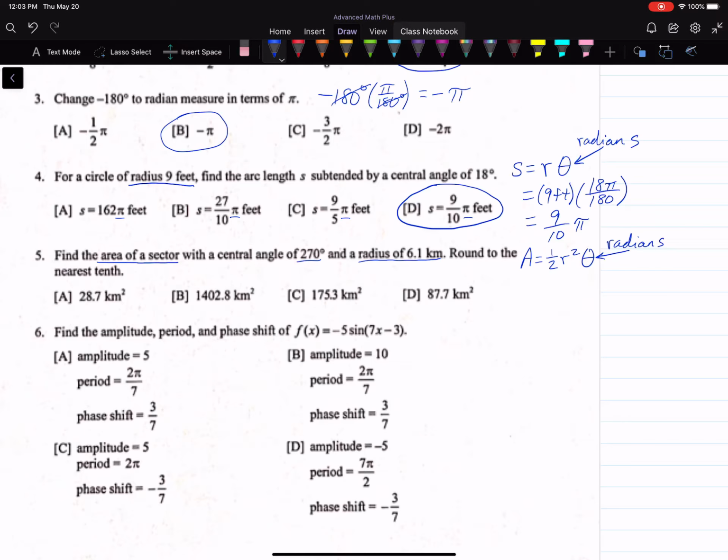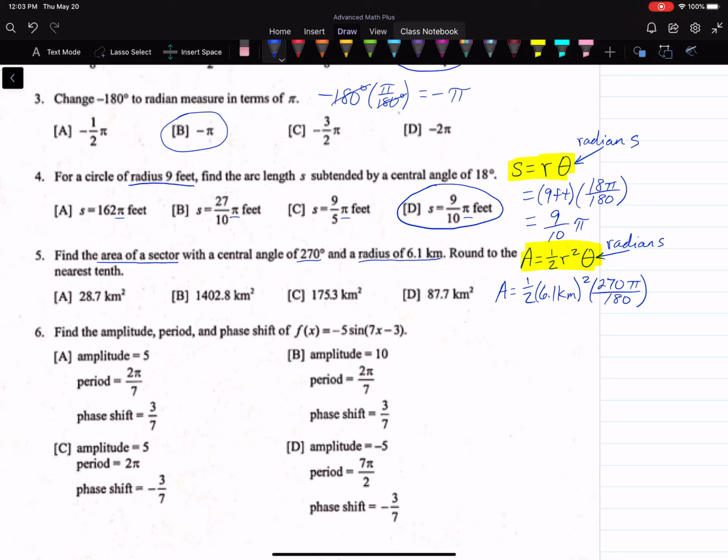So you need to know this formula here, and make sure you know this formula here. They're the same process. So area is going to be 1/2 times my radius for this one, 6.1 kilometers, squared times 270. Again, don't put 270, you've got to put 270 pi over 180 to change it to radians, because you multiply it by pi over 180.